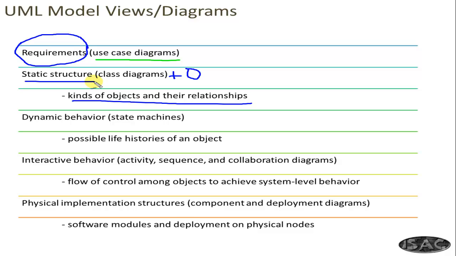Now there is something called dynamic behavior, and that is state machines. This is called a state diagram. What it means is how the state of an object changes over a certain period of time.